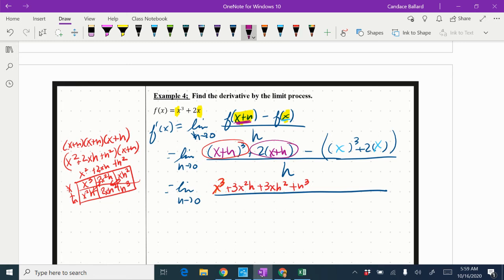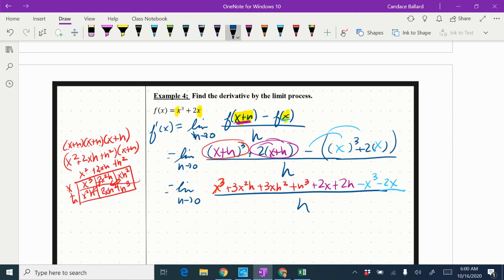Now we're going to go ahead and distribute this 2 into here, so plus 2x plus 2h. And then we are going to simplify this back piece, which really the only thing I can do is distribute in that negative. So negative x squared minus 2x.